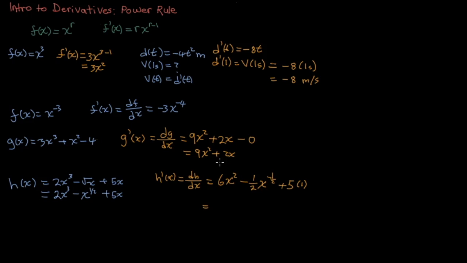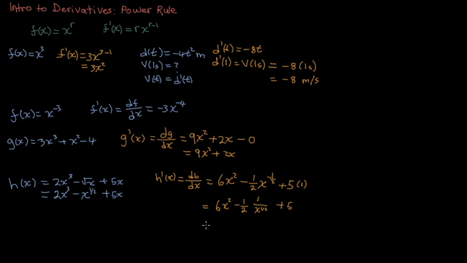And then we can further simplify this equation here. So we write 6x squared minus 1 over 2 times, another way of writing this term right here is 1 over x to the power of 1 over 2, plus 5.